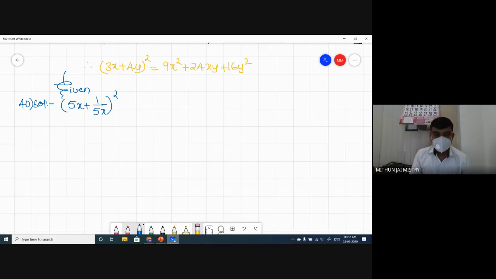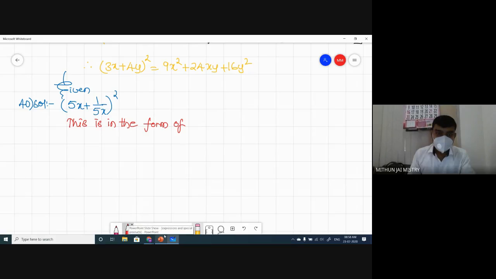Now, Tapasvi, identify: this is in the form of which formula, which identity, the appropriate one? This is in the form of, where should I write a plus b whole square? Down. Why?